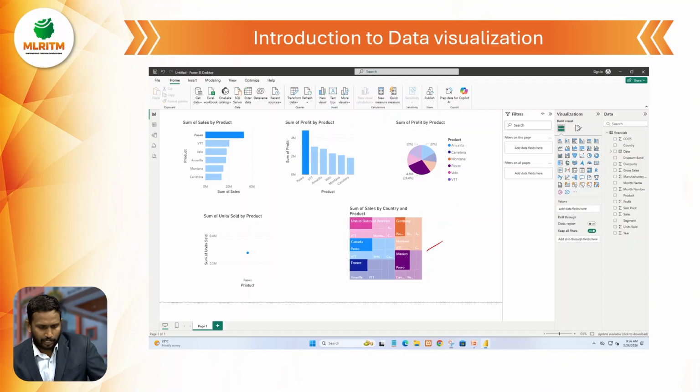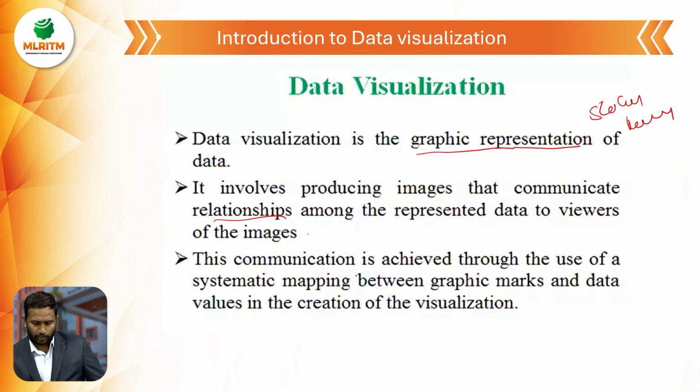It makes complex data easy to understand at a glance, and helps identify trends, patterns, and insights. This communication is achieved through a systematic mapping between graphic marks and data values in the creation of the visualization.